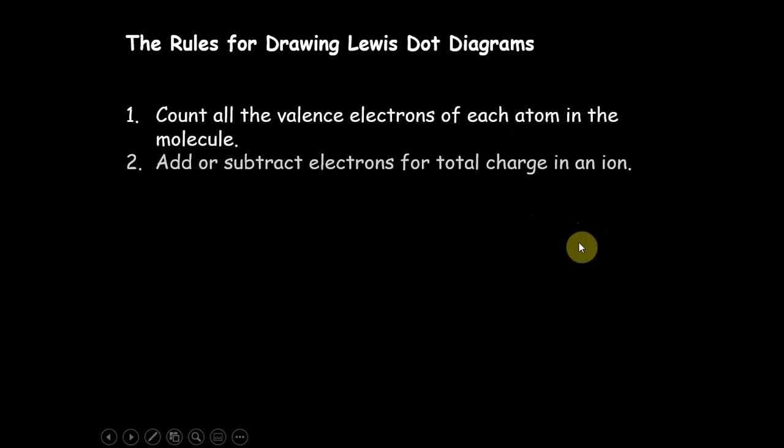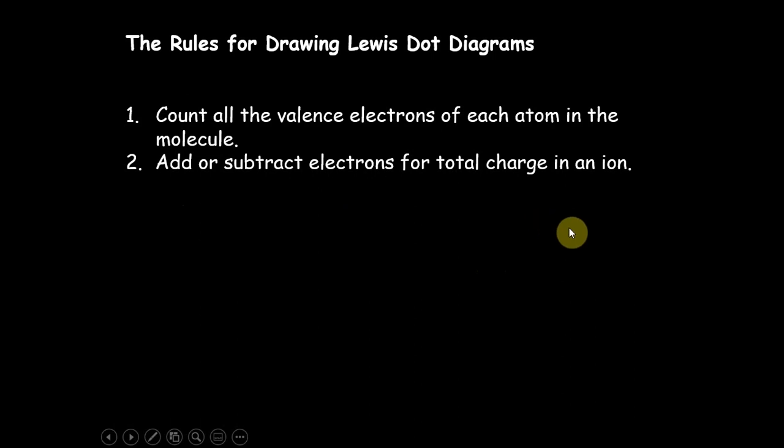Once you have that, then if there's a charge involved, because this works for the polyatomic ions, which are covalently bonded ions, add or subtract electrons for the total charge of the ion. So in the case of ammonium ion, you would subtract an electron, so you just remove one. And for all the polyatomic anions, you would add the number of electrons that corresponds to the charge on that polyatomic ion.